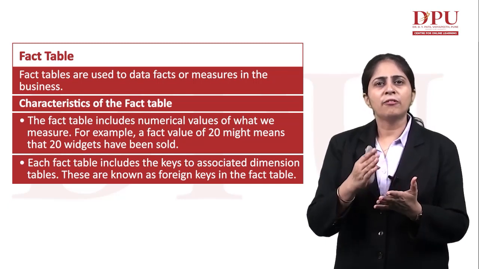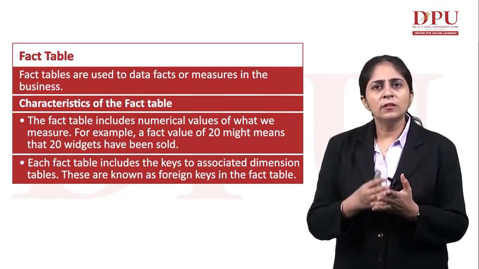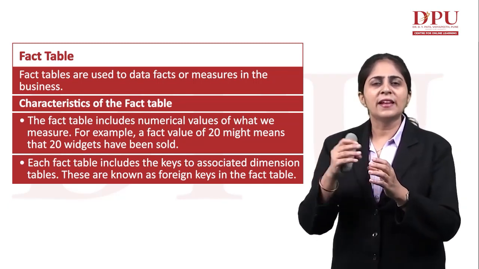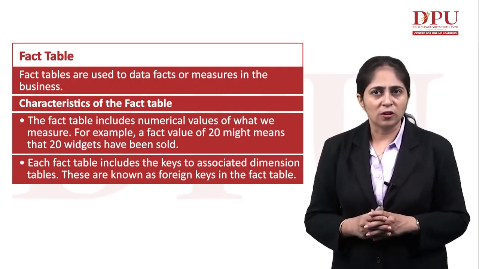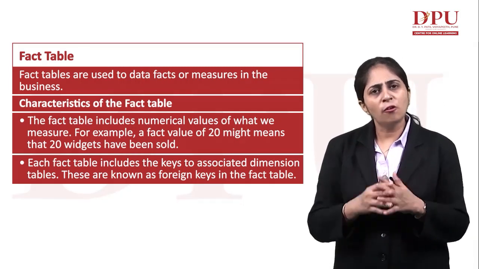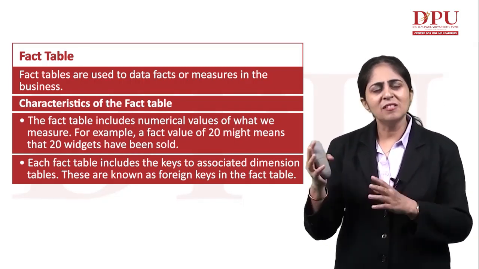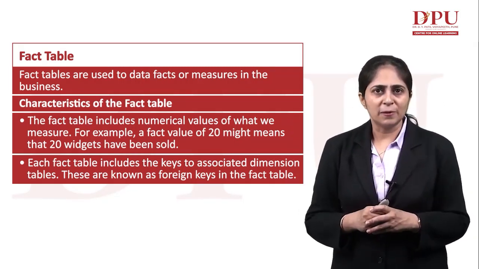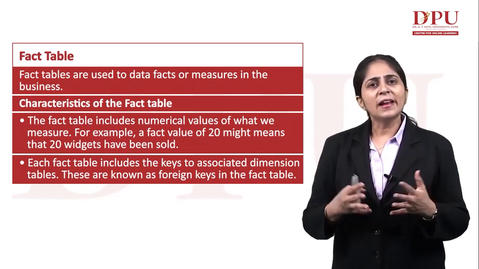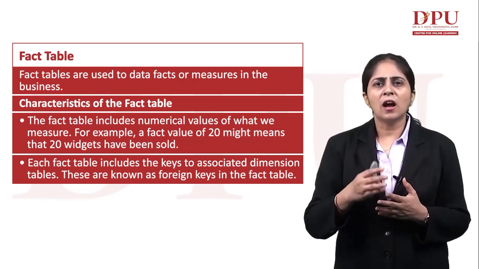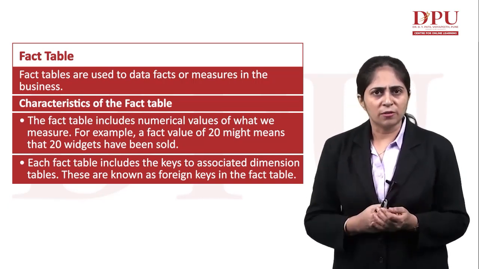So every fact table should include the key to the associated dimension table, that is, to which dimension table this fact table belongs. These are known as the foreign keys in the fact table because they are taken from some other place. Fact tables typically include a small number of columns.